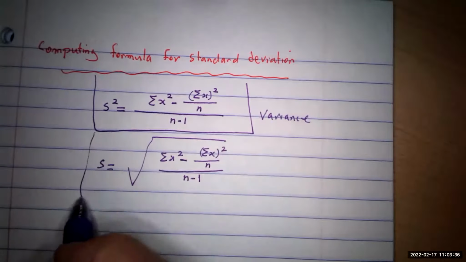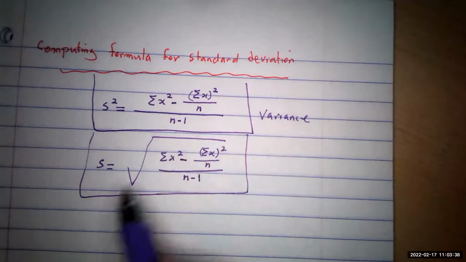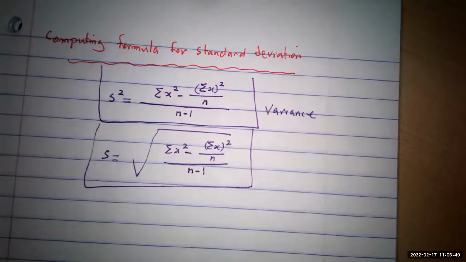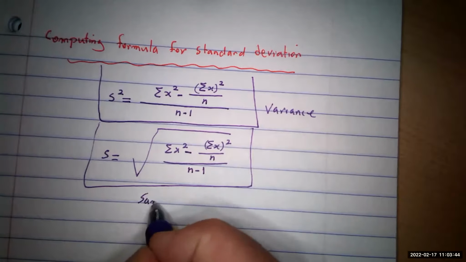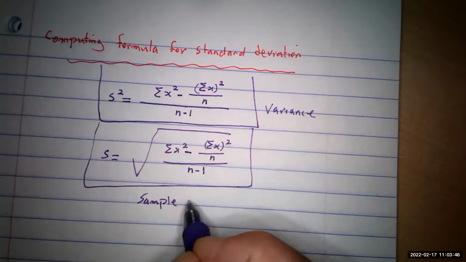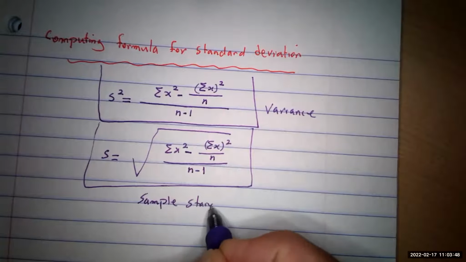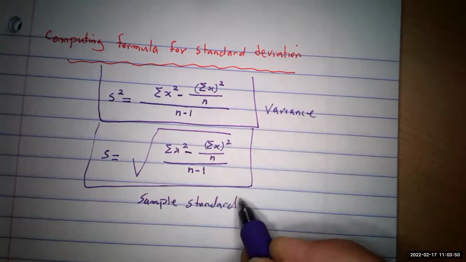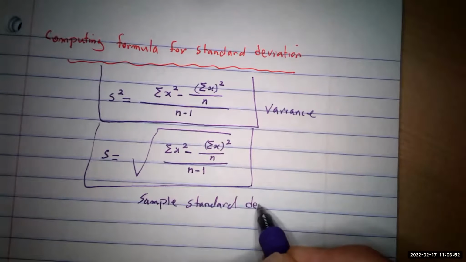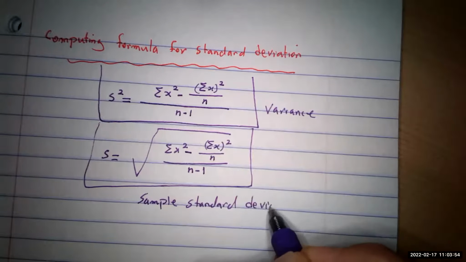So your calculator will use this formula. That's why you saw sigma x and sigma x squared. That would be the sample standard deviation, but you can use either one.